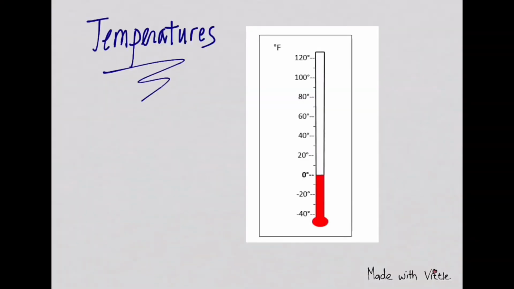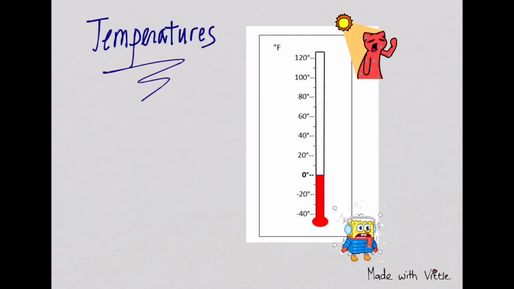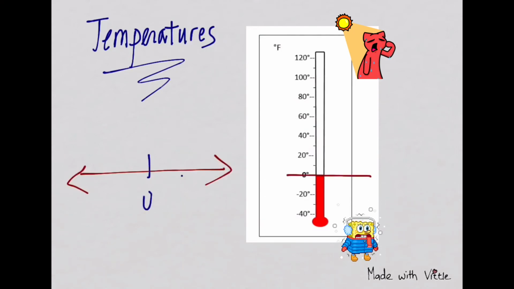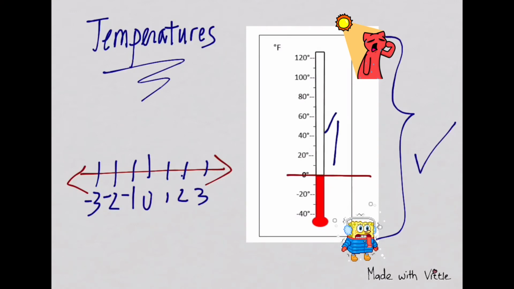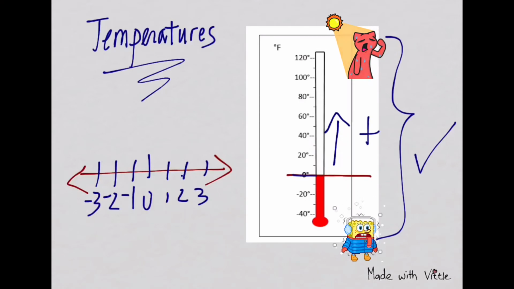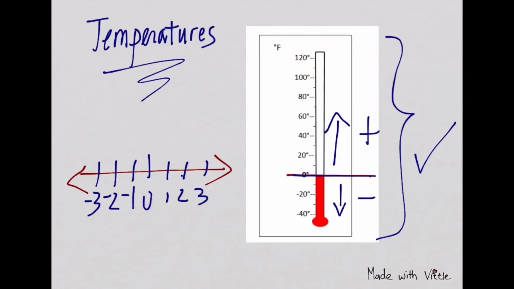What about if we're gonna compare temperatures from coldest to warmest or warmest to coldest? This thermometer here is like your number line. This is the 0 and to the right are positive numbers, and then to the left are negative numbers. And so if I make it stand vertically, it will look like this thermometer here, wherein above the 0 are positive numbers and below the 0 are negative numbers.